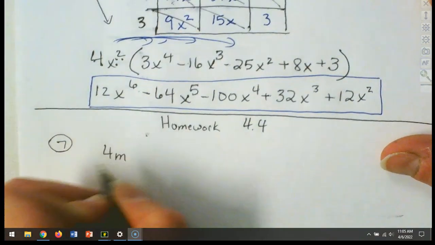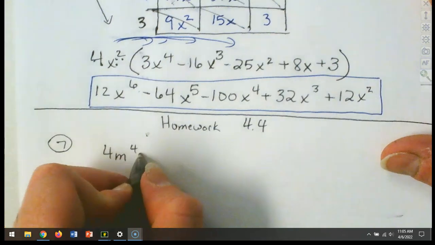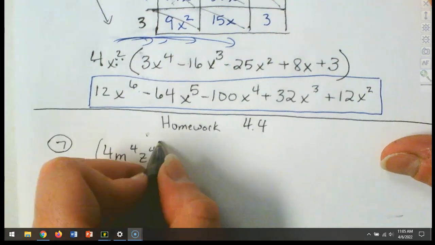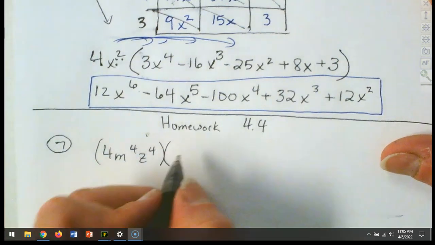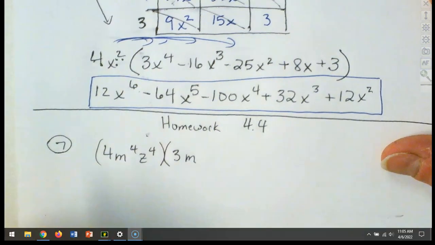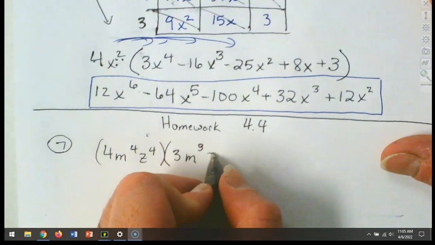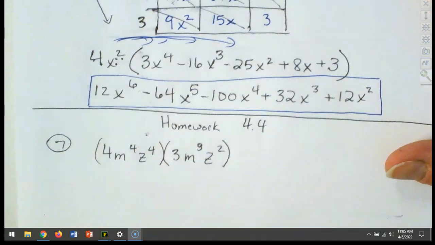We've got 4m to the 4th, z to the 4th. And then we've got 3m cubed z squared. A lot of times, students see a question like this, and this is a very, very simple question, but we've been doing so much with foiling and the box method, you're going to try to make it more complicated than what it really is.